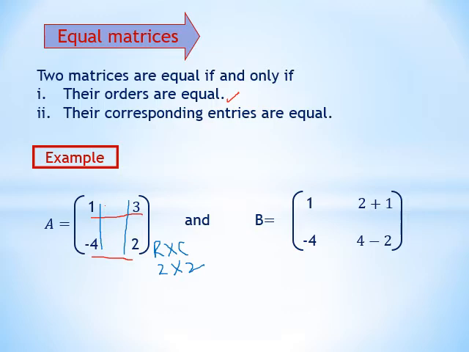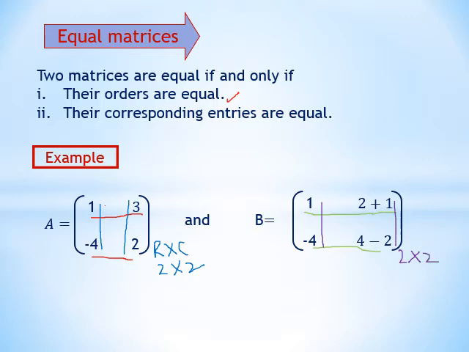Again, order of B. Now it has two rows and two columns. And order of B is 2 by 2.